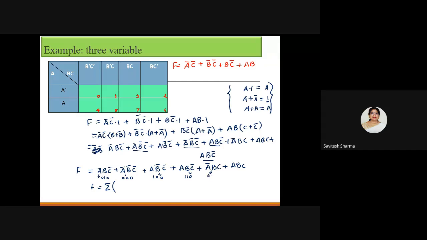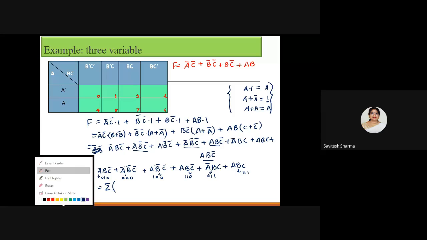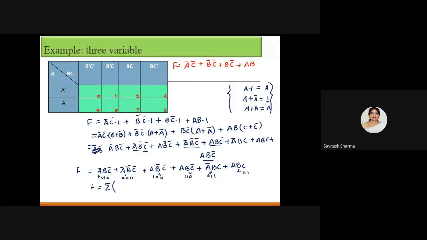Everyone is understanding now? If you have doubt, please ask. What I am doing here is, for each variable, if it is complemented I write 0, and if it is the same, I write 1. So here A complement, we write 0; B is B, so you write 1; C complement, so you write 0.